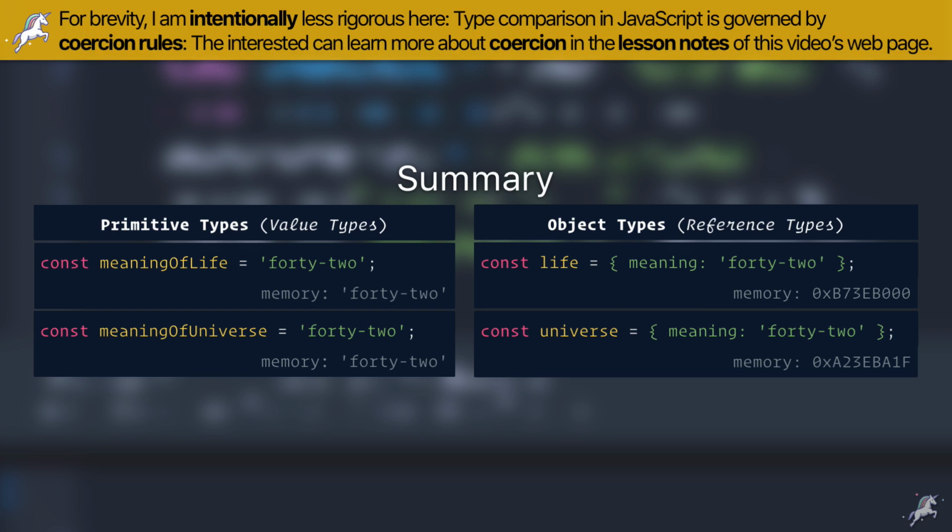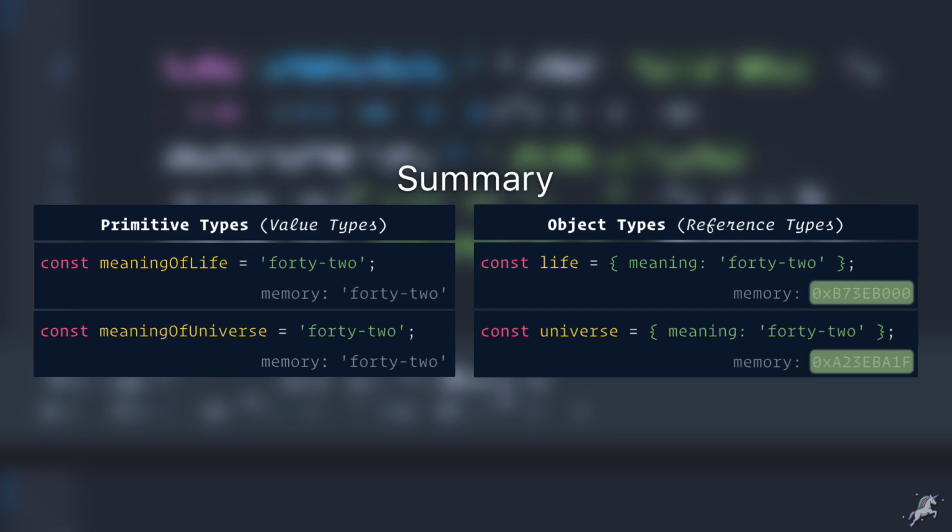Which also means when we compare any kind of variables, either reference type or value type, we actually always compare values. When we compare object types, the values that we compare are their memory locations, and when we compare primitive types, the values that we compare are their actual values.